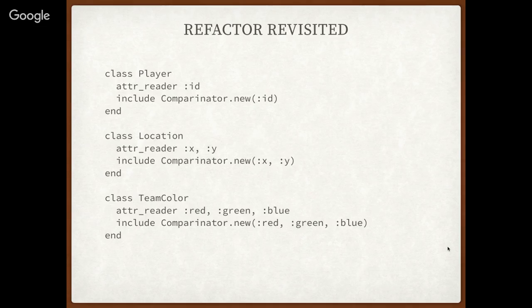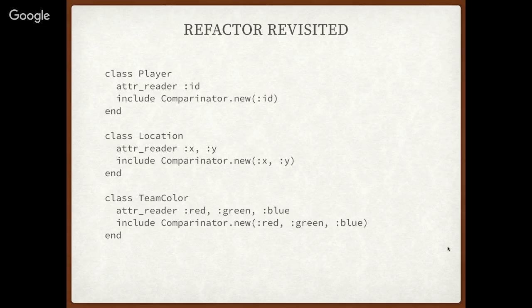So in this case, I can just say include Comparinator. I don't have to call an additional method for setup. And this does show up in my ancestry chain, and the Comparinator module that I'm creating is where that define method is happening.